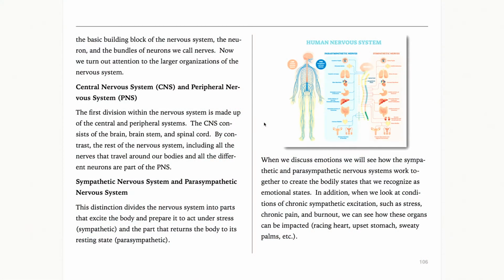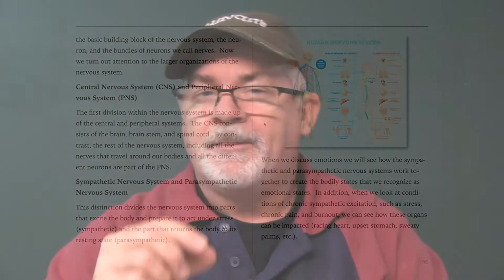In addition to the central nervous system, we also divide the nervous system into sympathetic and parasympathetic. Now, parasympathetic, you can think about it this way. This is how I try to remember it. The parasympathetic is an activating system.